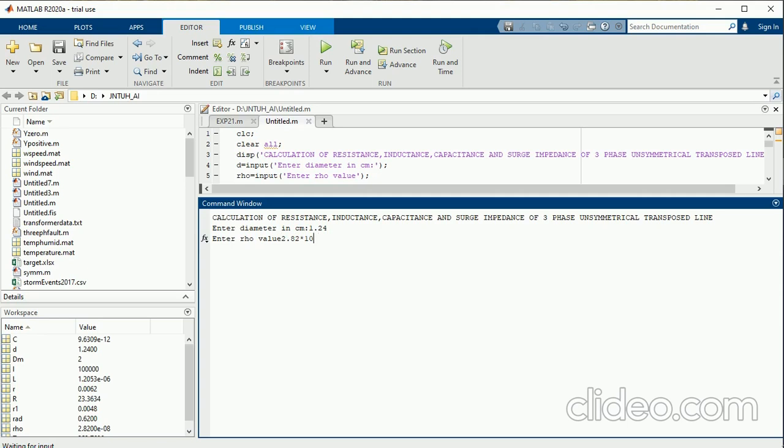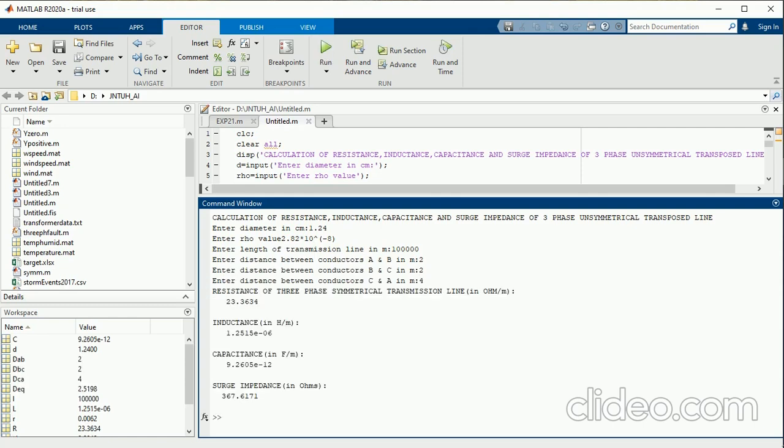Okay, 10 power minus 8. Okay, 100 kilometers. So for the first it is 2 meters, and next it is also 2 meters, and next it is 4 meters. So I got this. Okay, so up to here, this is the 3-phase transmission line.